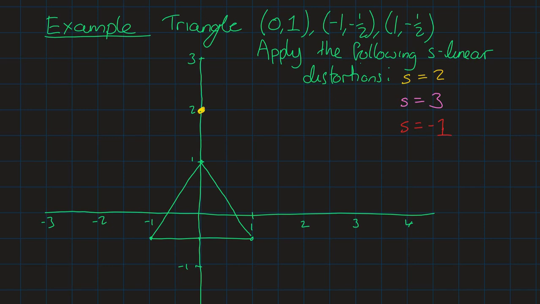This point right here is the point (1, -1/2). When you do the 2 linear distortion, this gets mapped to (2, -1). And this point here gets mapped to (-2, -1).